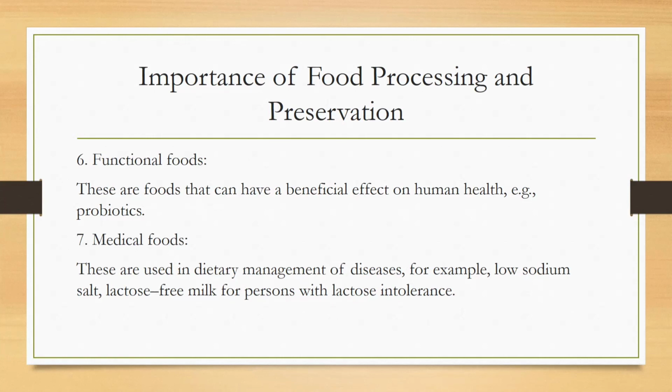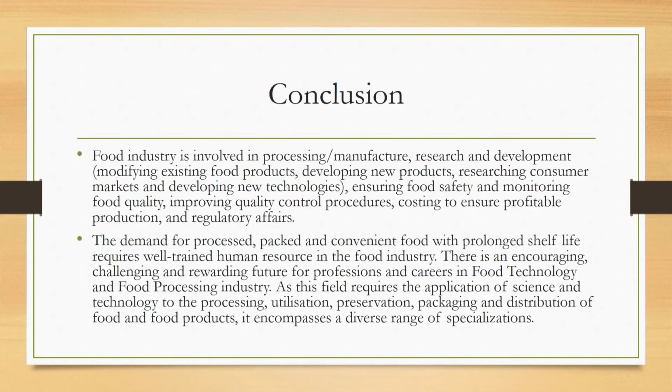Coming to the conclusion, the food industry is involved in processing and manufacturing, research and development, ensuring food safety and monitoring food quality by improving the quality control procedures, costing to ensure profitable production, and regulatory affairs. The demand for processed, packaged, and convenient foods with prolonged shelf life requires a well-trained human resource in the food industry.